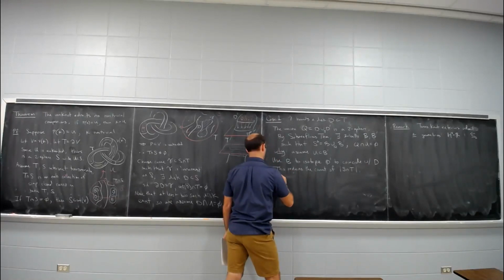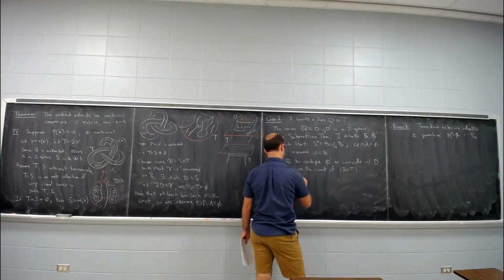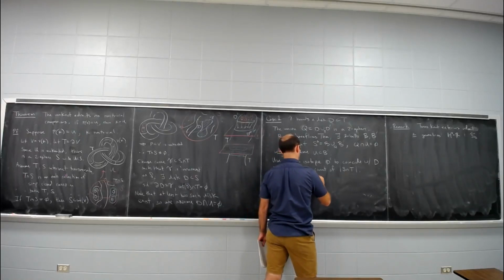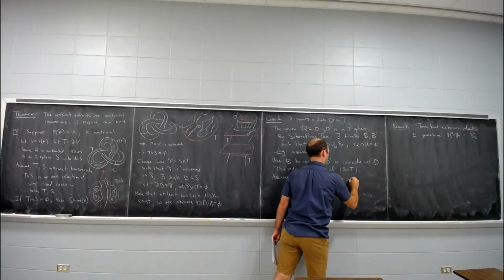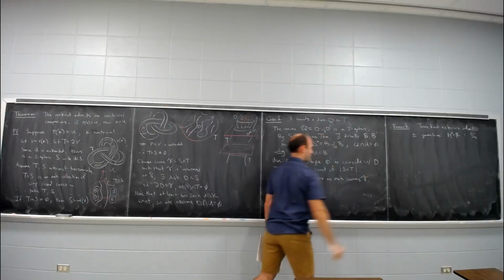So assume S intersect T contains no such curves gamma.